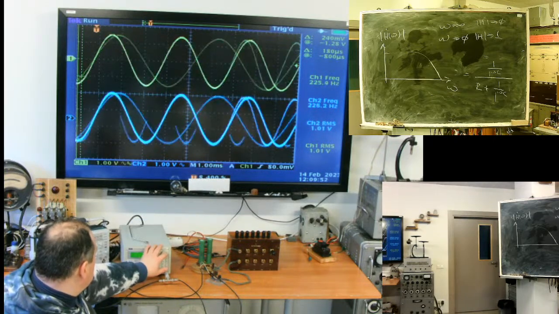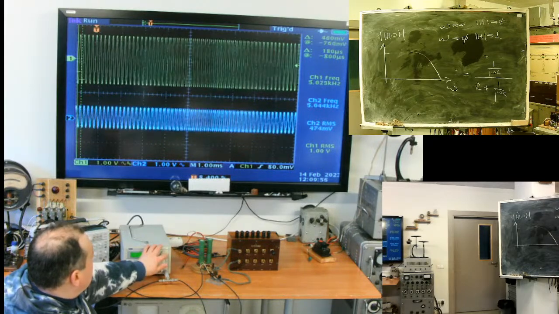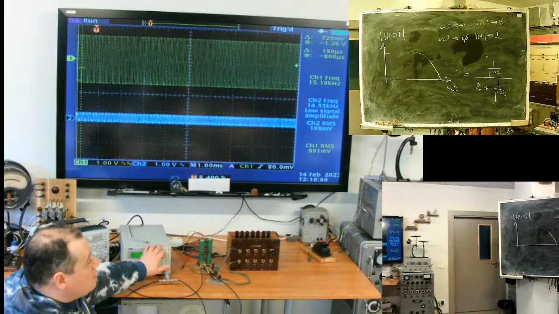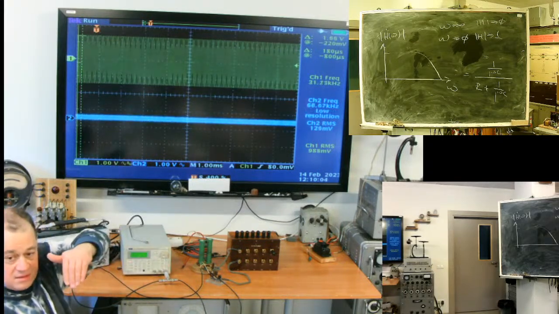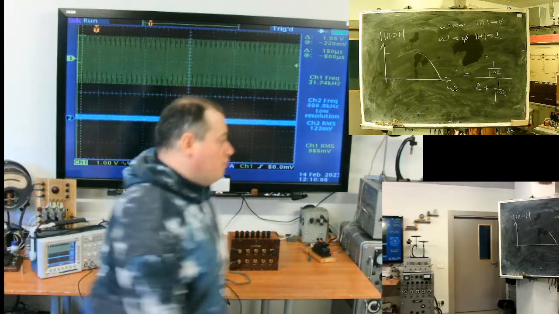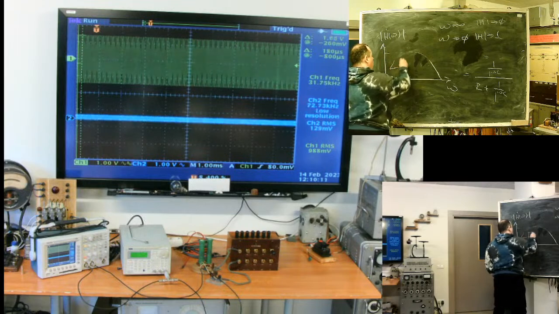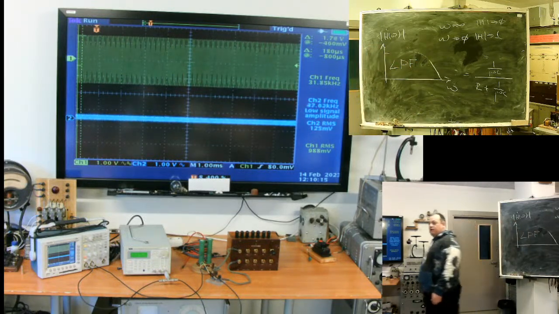Looks like 0. Frequency goes up and output, look what happens with output. Goes down and ends at 0. So we have a low pass filter. Suppresses high frequency, passes low frequency.